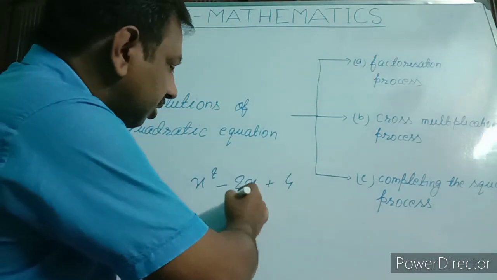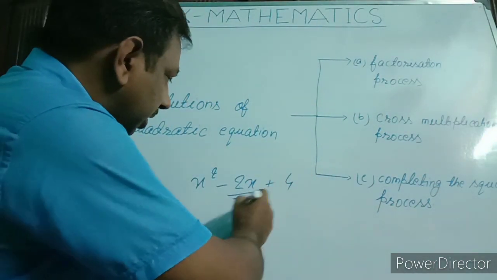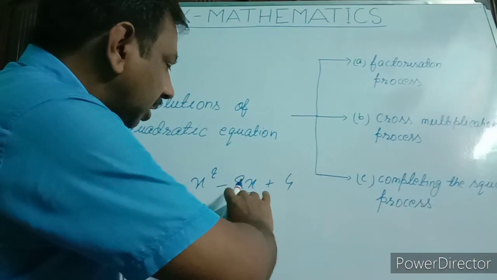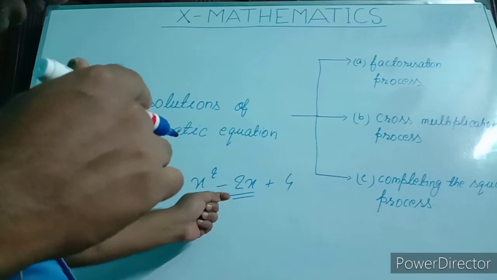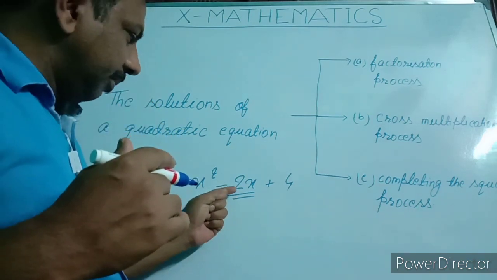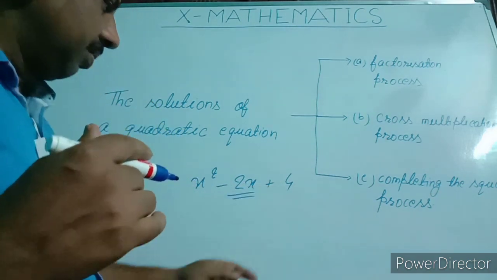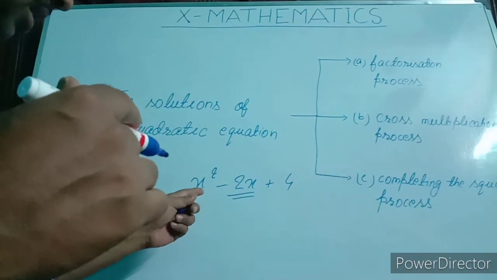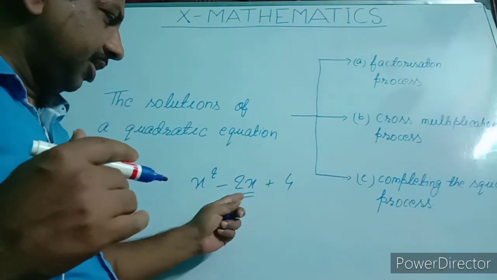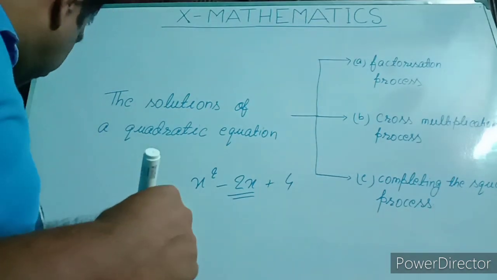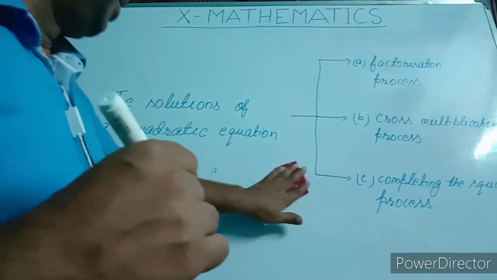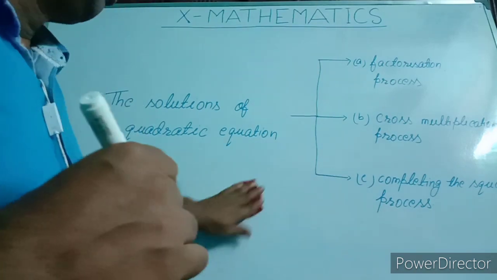We split this term in this way, such that the multiplication of the coefficients should be equal to 4, and the addition or subtraction of the split terms should be equal to minus 2x. As an example, I wrote it. That is called the factorization process given in the book.